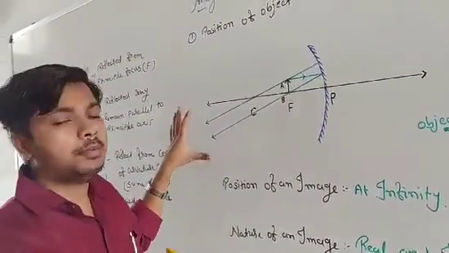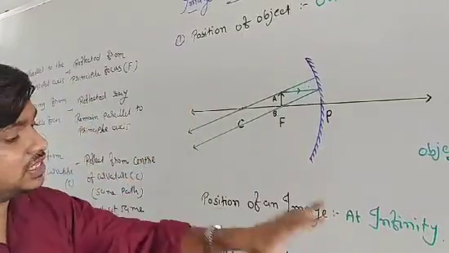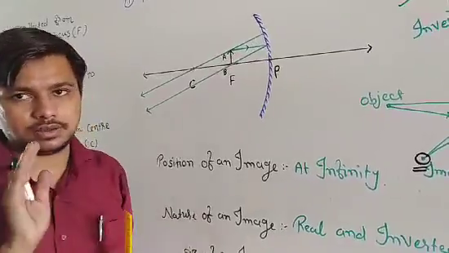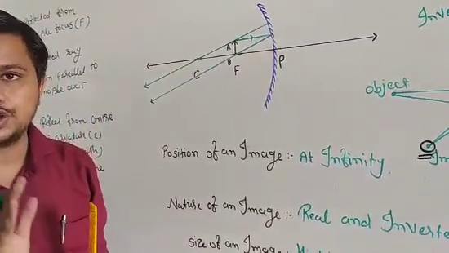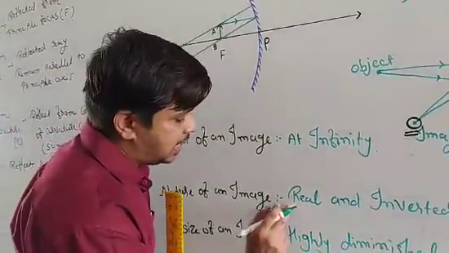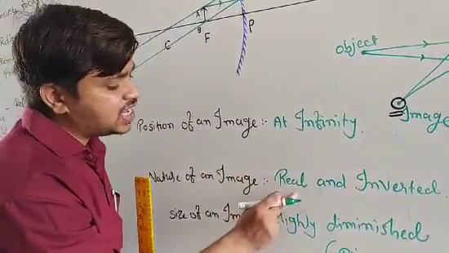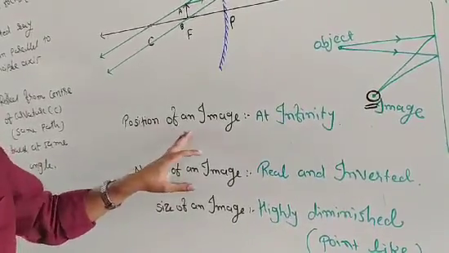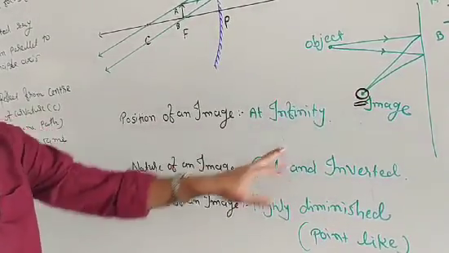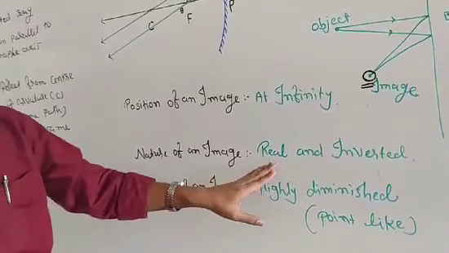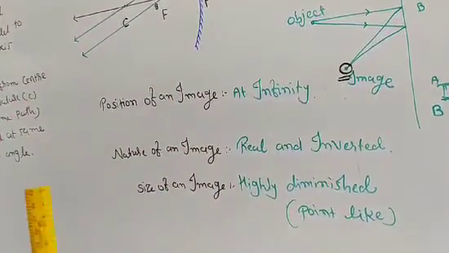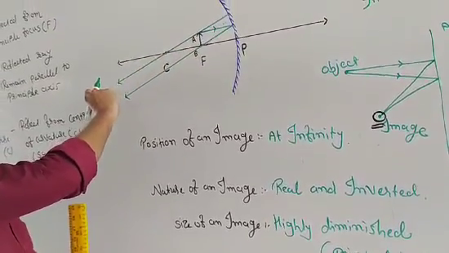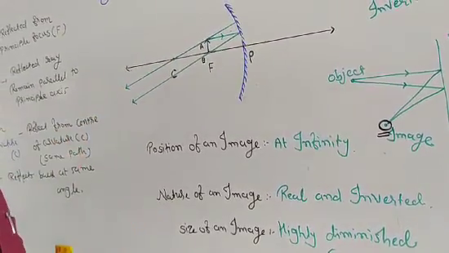So you get the image at infinity distance. It is an actual image, and because of that you can say that this image is real, and if it is real, then it is inverted also. So here the position of the image is at infinity, while the nature of the image is real and inverted. If the meeting point keeps moving farther, then you get the image at infinity distance.